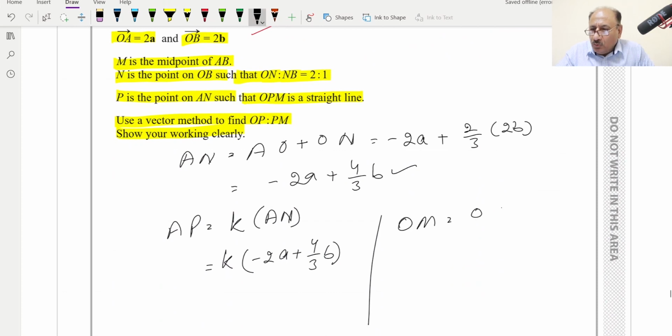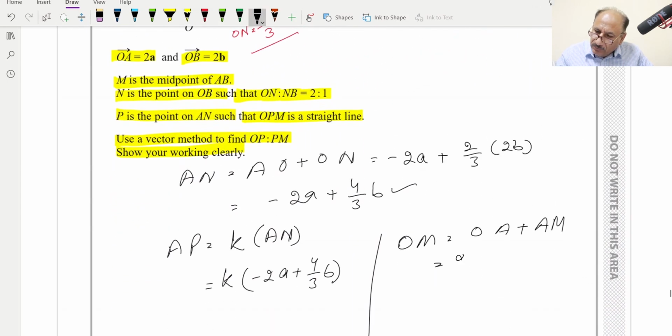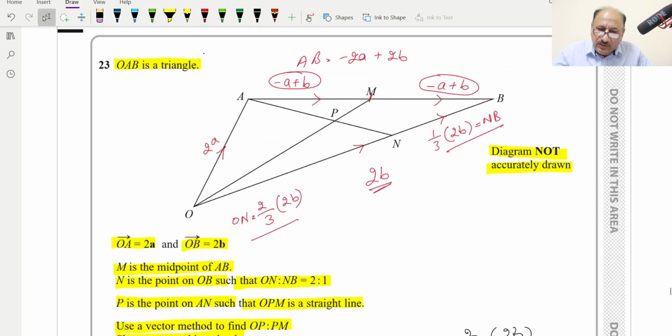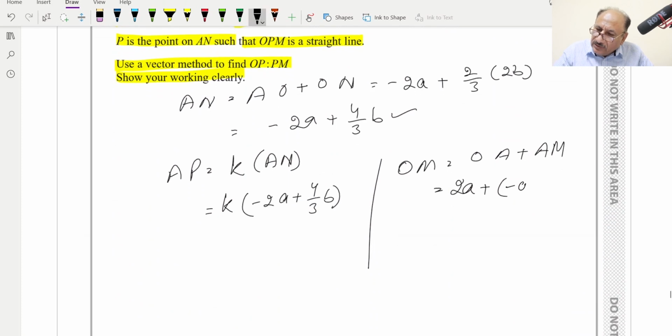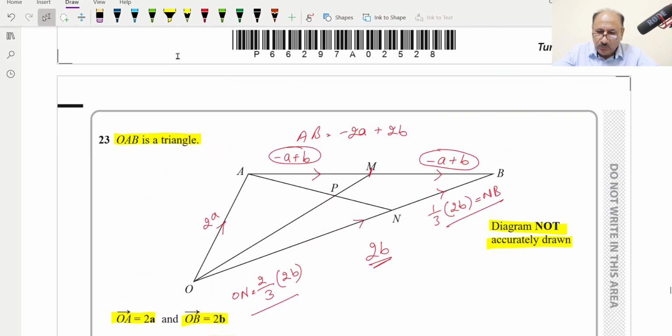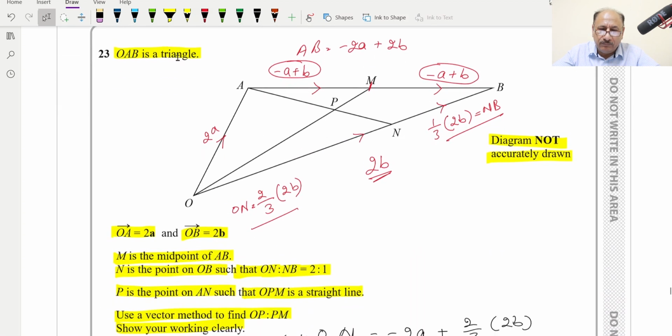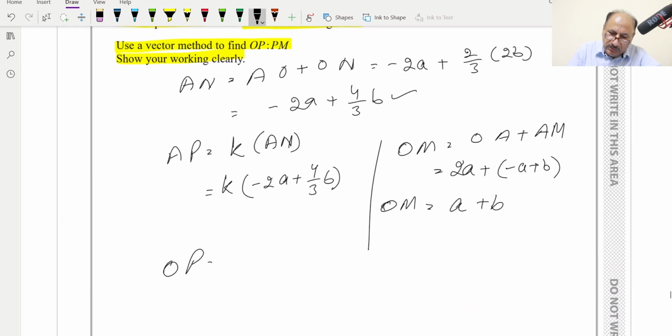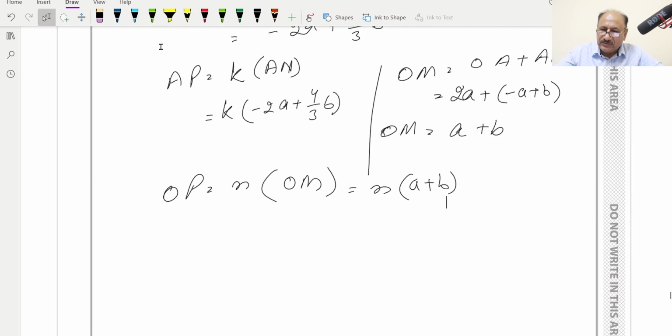OM is equal to OA plus AM, and OA is 2A, so this will be 2A plus AM, which is minus A plus B. After simplification it will be A plus B. So we got OM value, which is A plus B. Now OP is equal to N into OM, and OM we already have, which is A plus B, so N(A plus B). So this is our second equation.